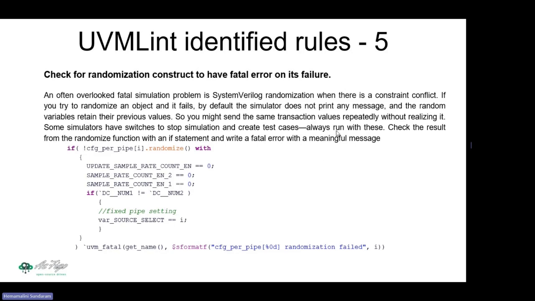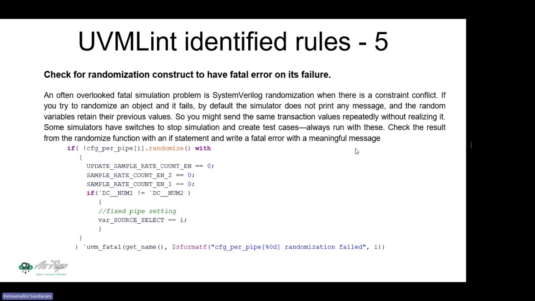So here what we are doing is we have to check the result from this randomize function with an if statement, and we should write a fatal error with a meaningful message. So what we understand here is that during this simulation, generally this error message is being overlooked.